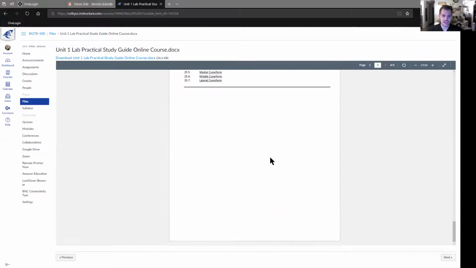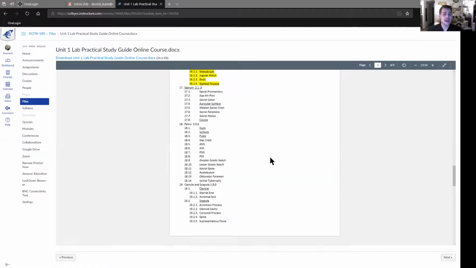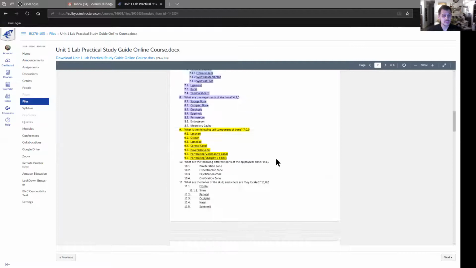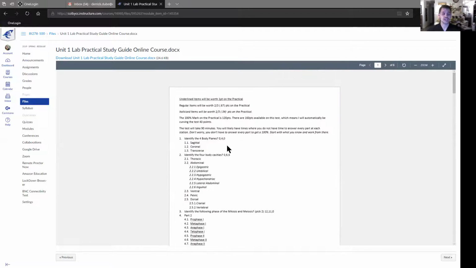Now this here is not 100%. If I have something on the lab practical that wasn't on here, that doesn't count. If it's in my PowerPoint slides, then it's challengeable.